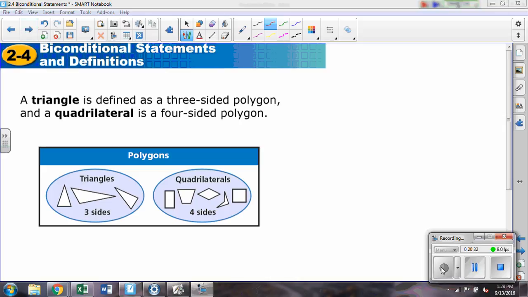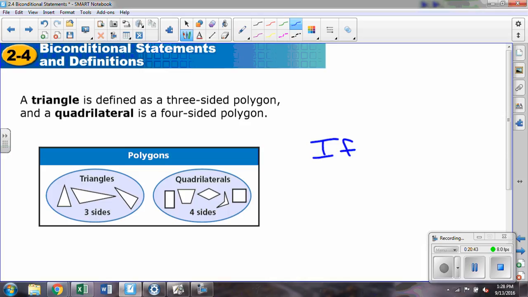Please notice that we have a Venn diagram. I'd like to remind you of one of the things we did when we were working with conditionals. We saw a connection writing up a conditional.